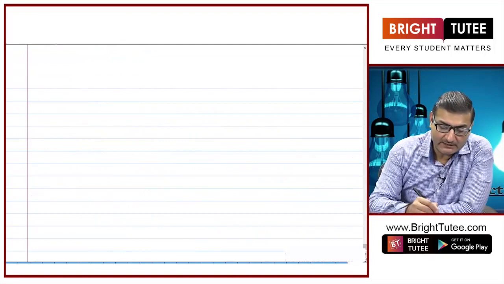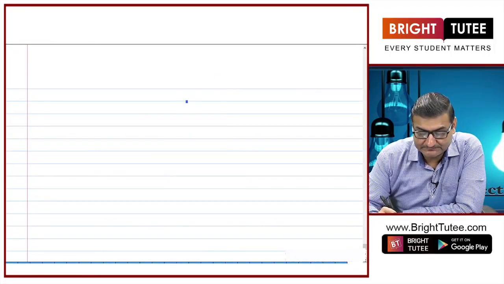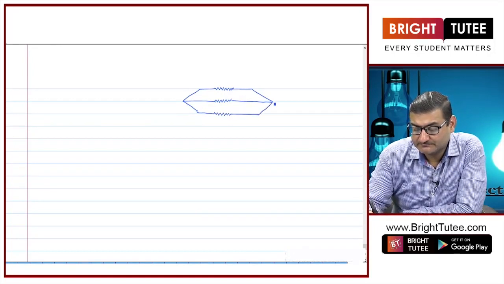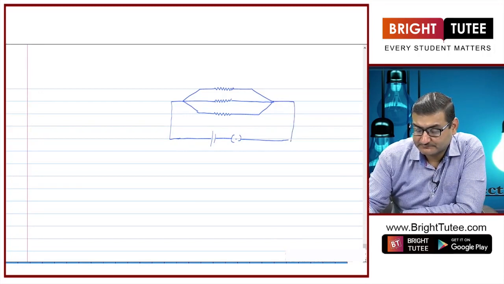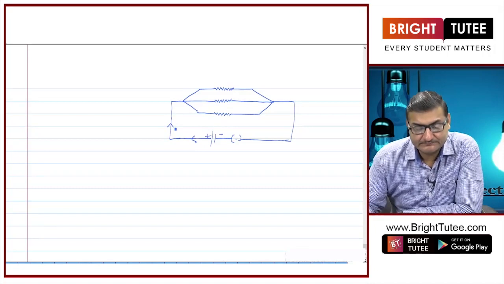Now, I am given a question. I am given a circuit diagram like this. I am given three resistances which are parallel to each other, and they are connected to a cell, with a key plugged in, with plus and minus and the current direction.